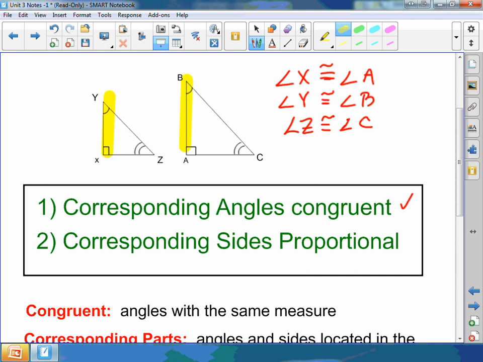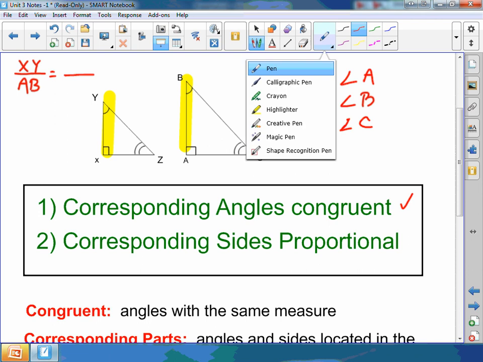So what we would have to show here, guys, and you can write this, we would have to show that whatever XY is, the length of XY, compared to its corresponding length AB, would be in proportion with another pair of corresponding sides. Okay?